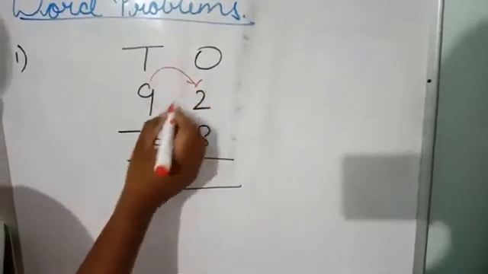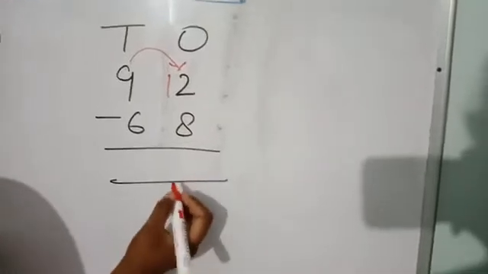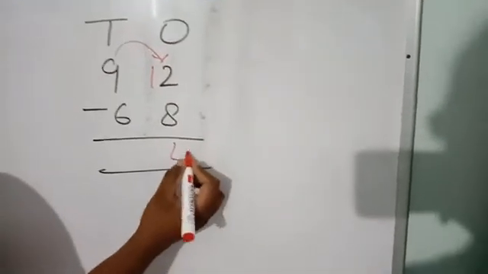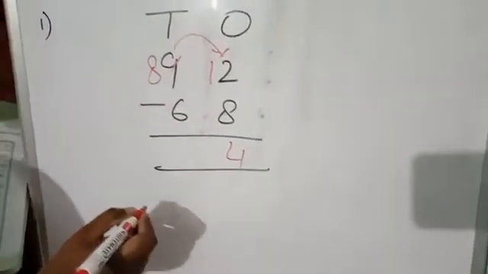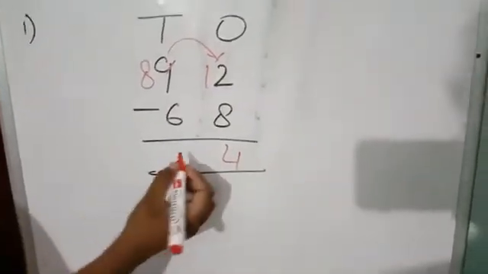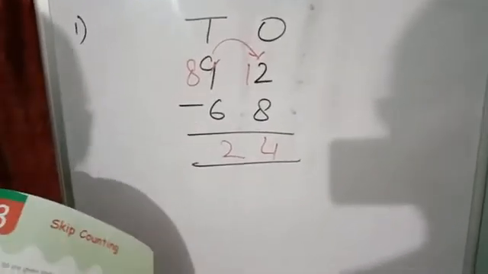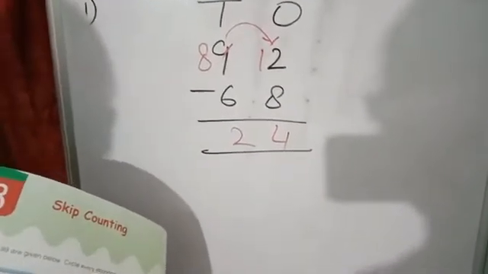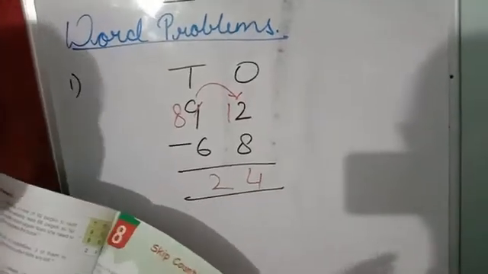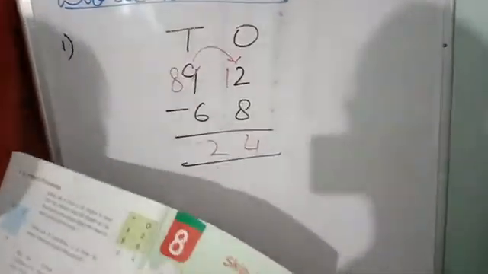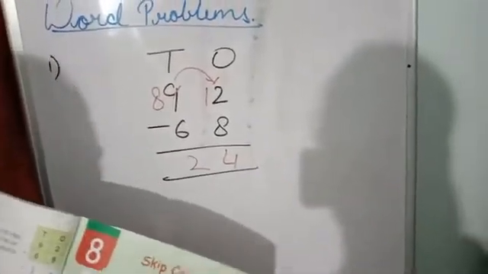So we will borrow from 9. It becomes 12. 12 minus 8, what will we get? 4. And 9 will become 8. So 8 minus 6, 2. So in total, hence she has to read 24 more pages to complete her book.